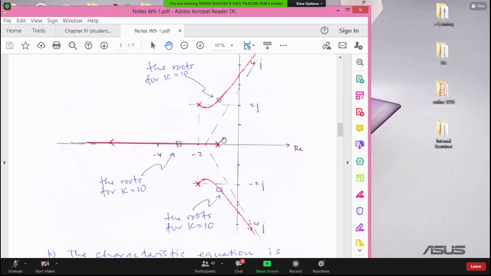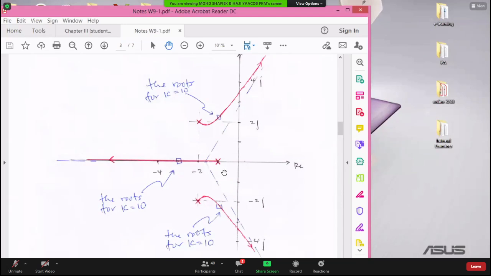The time constant is just 1 over the real part of the complex root. The real part of the complex root is 1, so the time constant should be 1.